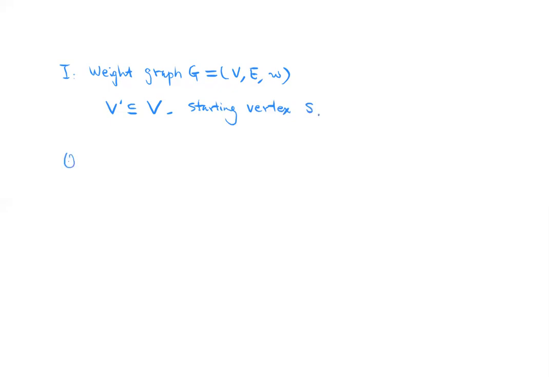Okay, the question is: start at S, visit each vertex inside V prime, so it's a given set of vertices, and return to S.